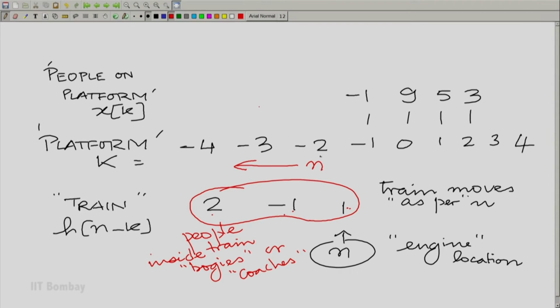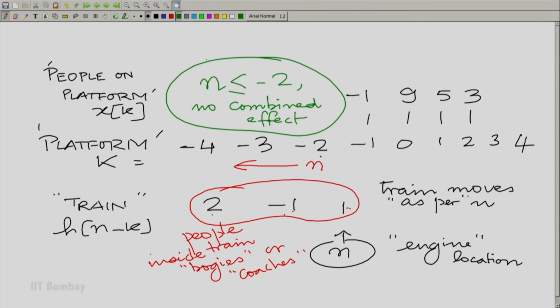So, up to this point in n, for n less than or equal to -2, no combined effect. Now, when n becomes -1, that is here, the combined effect begins. And what is the combined effect? When n reaches -1, it is essentially -1 multiplied by 1.